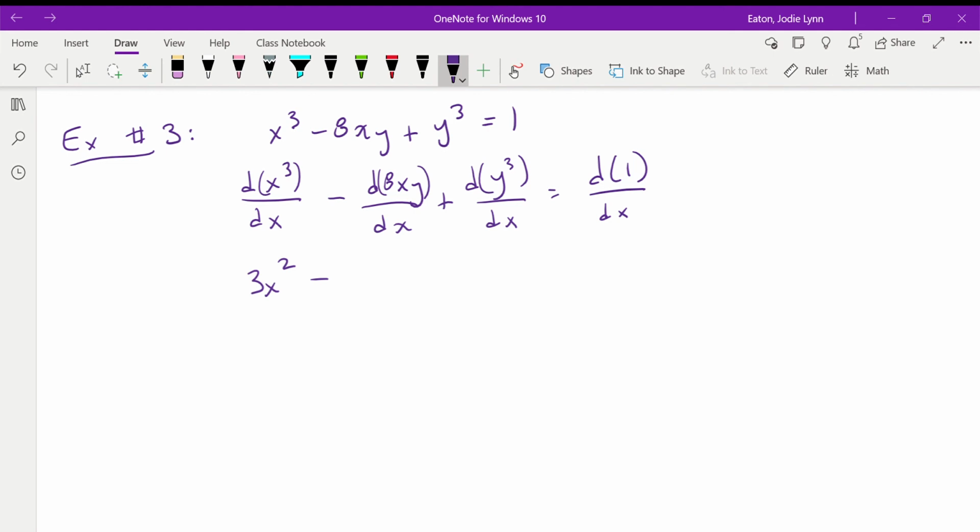Because we're going to have to use the product rule, this is going to be minus 8 times d/dx of x, which is 1, times y, plus dy/dx times x.